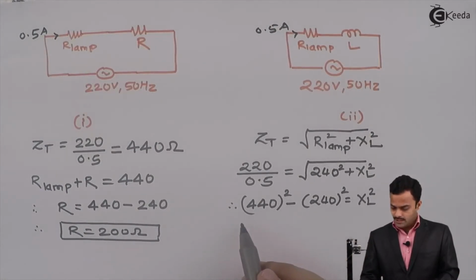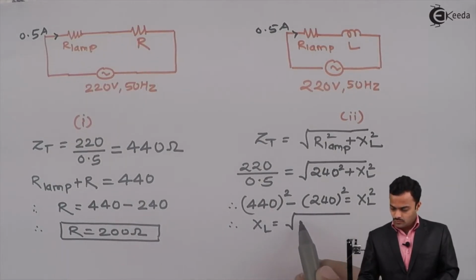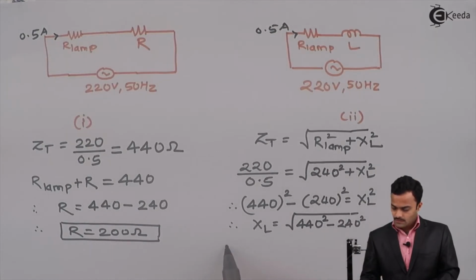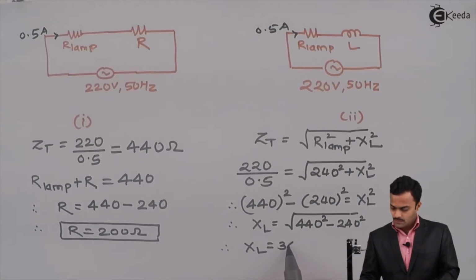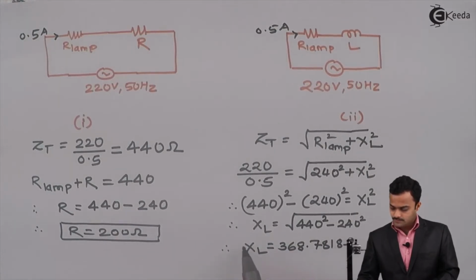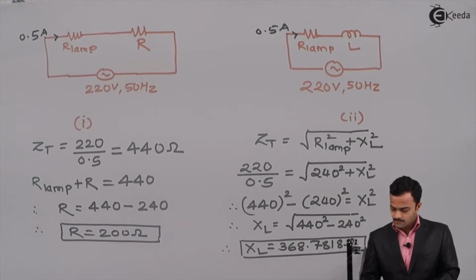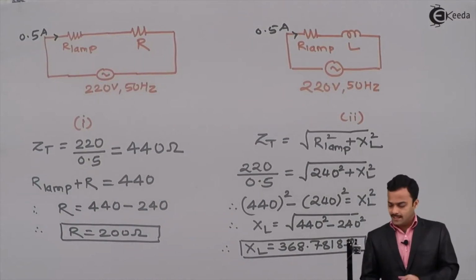So after solving this, I will get XL as root of 440 square minus 240 square, which is nothing but 368.7818 ohm. From XL we can get L. How?